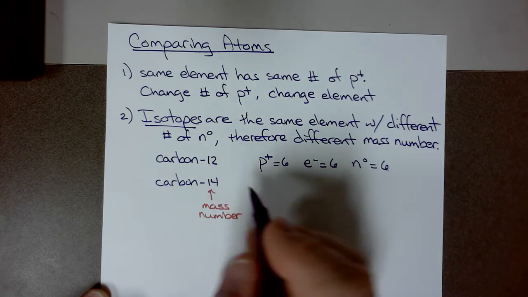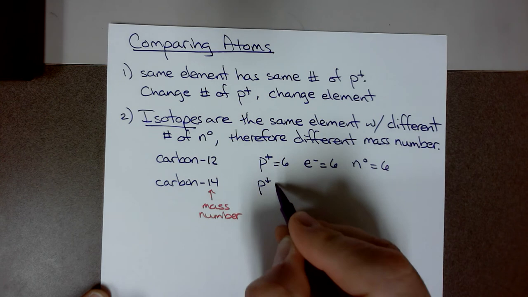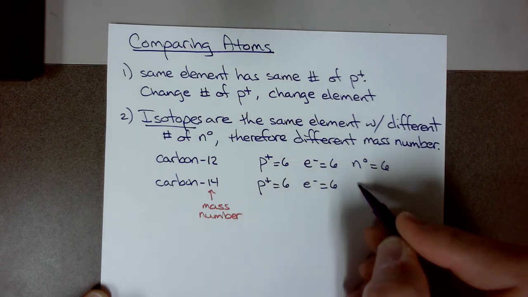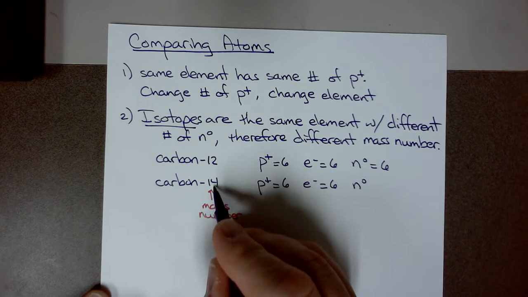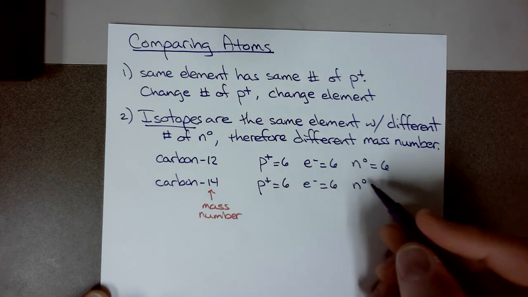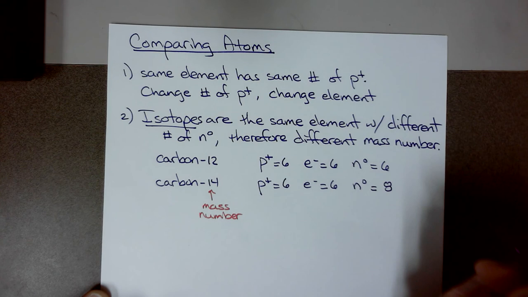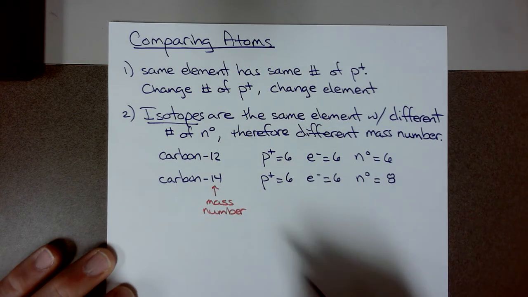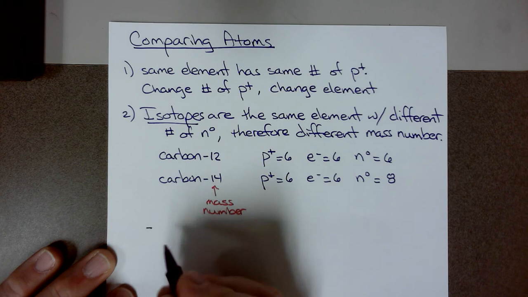Now carbon-14 still has 6 protons, still 6 electrons, but now it's 14 minus 6, so it has 8 neutrons. So with an isotope, you can change the mass, but it does not change the chemical properties of the atom.